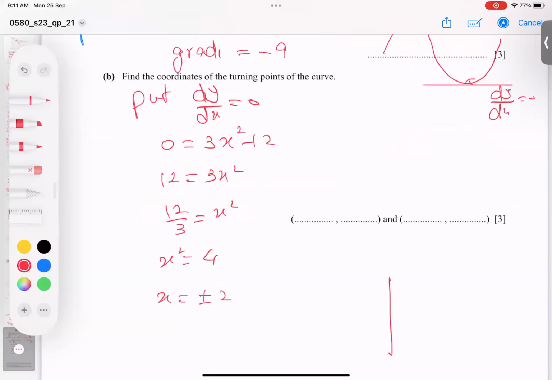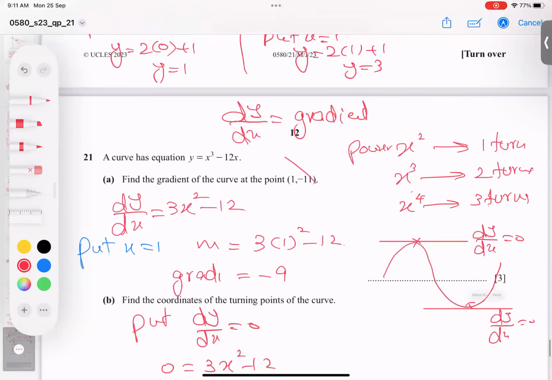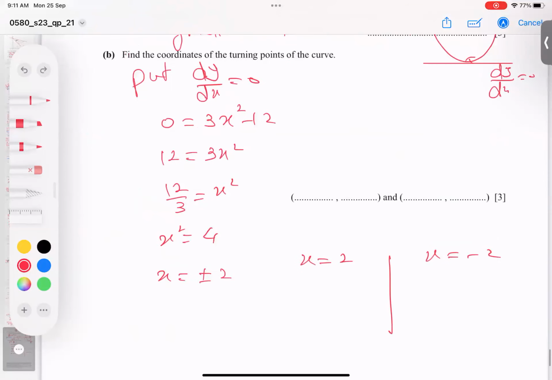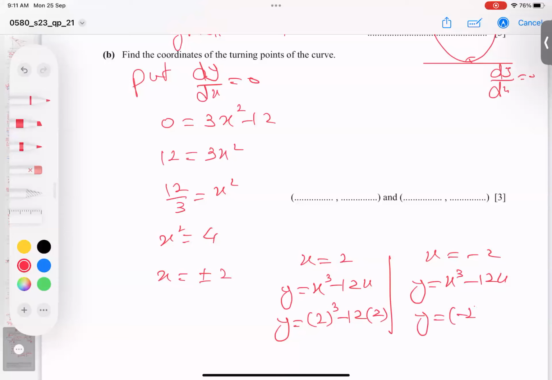But the game is not over. If x is 2 and if x is negative 2, I will put both values back in the equation here: x cubed minus 12x. I will plug in 2 in both places. In the same way, I plug in negative 2 in both places.